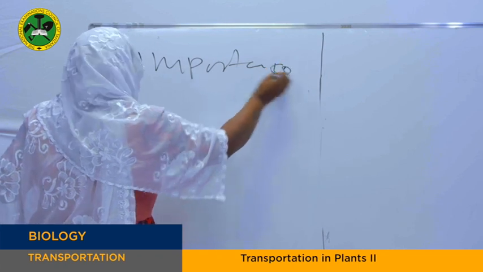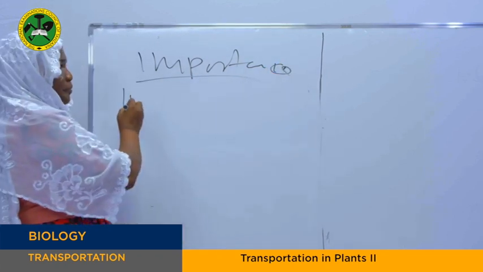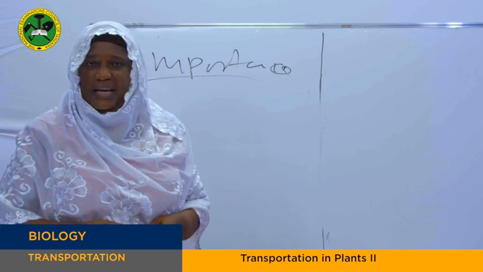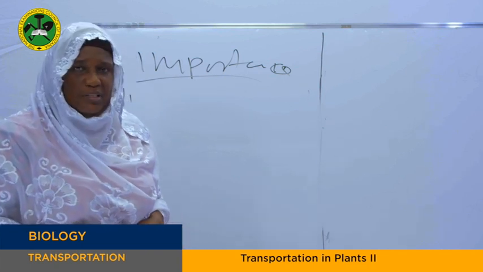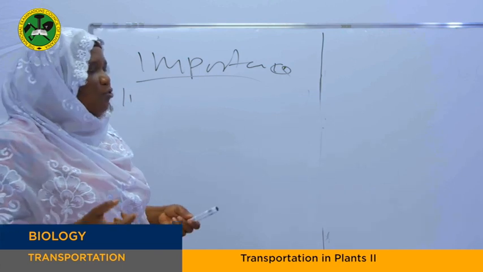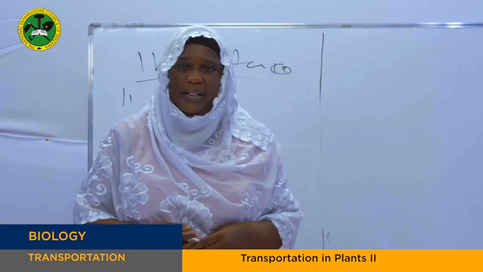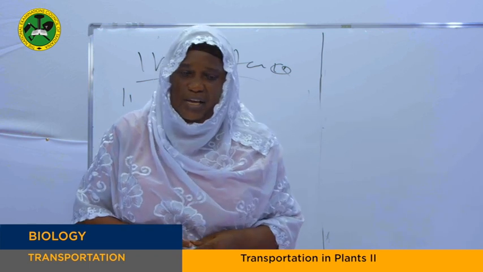Okay, number 1, it regulates the amount of water entering the xylem vessel. You can say it controls the amount of water entering the xylem.